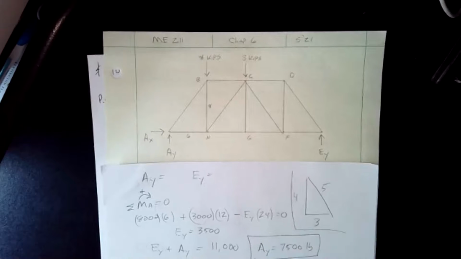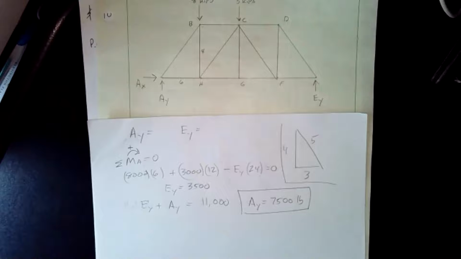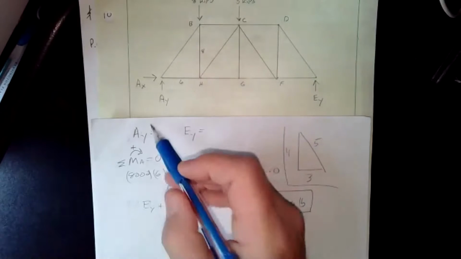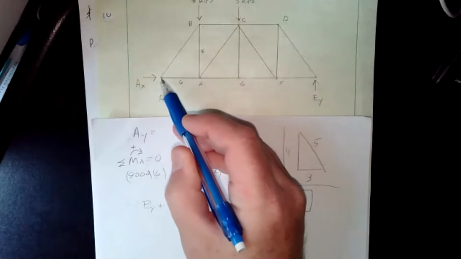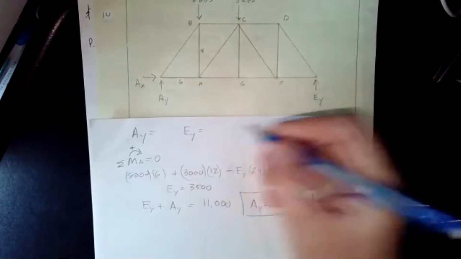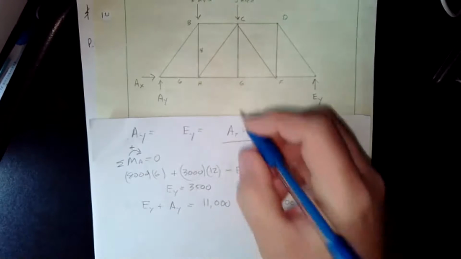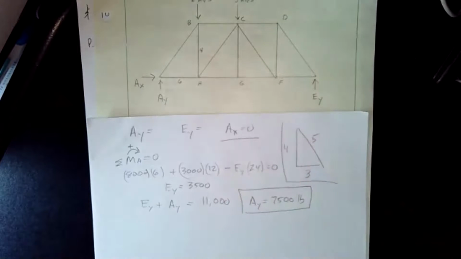So we need that to start. All right, now, as I said, the first thing we're going to do is start in a corner, so we're going to go over here. We've seen by inspection that AX is 0, so we don't have to worry about that. So let's start with joint A.